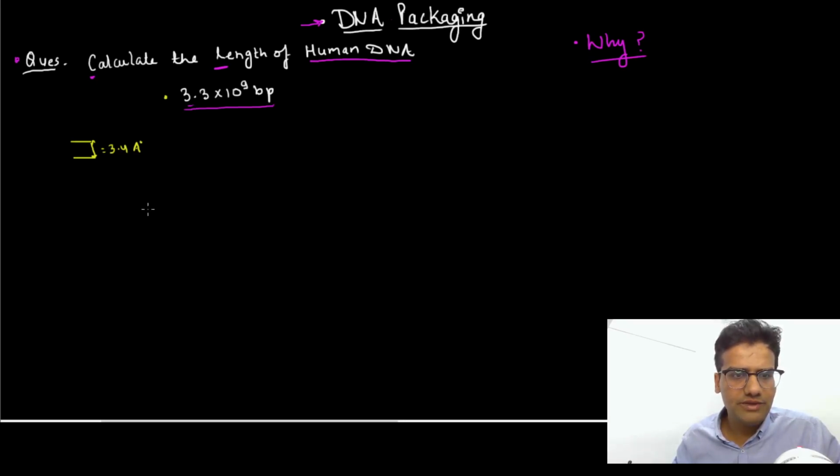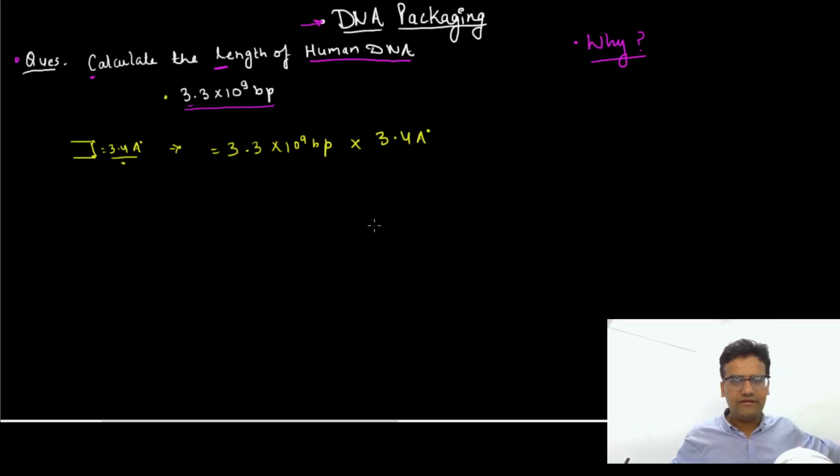So basically what you have to do is multiply 3.4 angstrom by 3.3 × 10^9 base pairs.